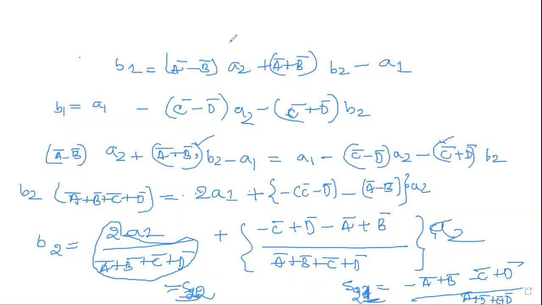Again, I think I've written it wrong. This is S21, right? This is S22. Because you'll be having the equation B2 equal to S21 A1 plus S22 A2.